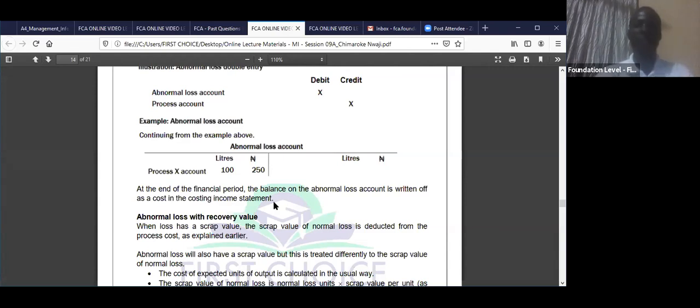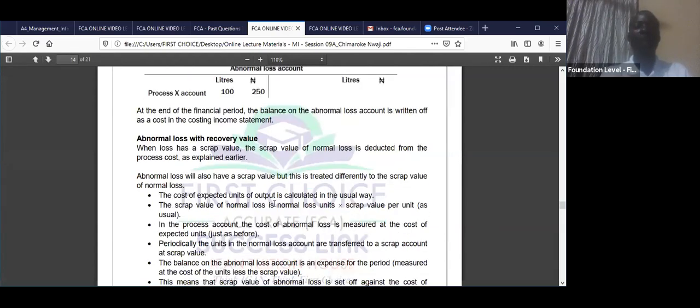So this is abnormal loss written off. So you write it off, but normal loss does not appear anywhere in your financial statement. Doesn't appear anywhere.